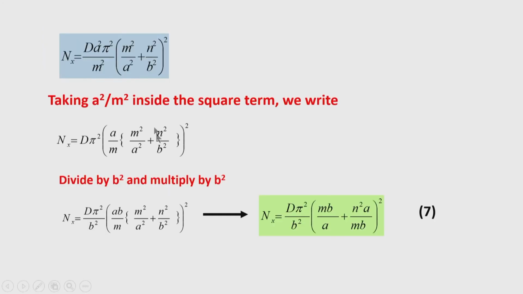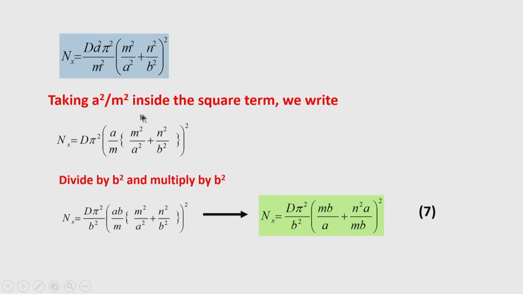Now, this N_x, that is D a² π² by m² into (m²/a² + n²/b²) whole square, can be arranged in such a way that we can get a clear-cut idea at what half wave number or what aspect ratio the buckling takes place. The boundary condition is simply supported along all edges, and you should mind that if the boundary condition is changed, the buckling load is also changed, that is, the solution of the differential equation will be different.